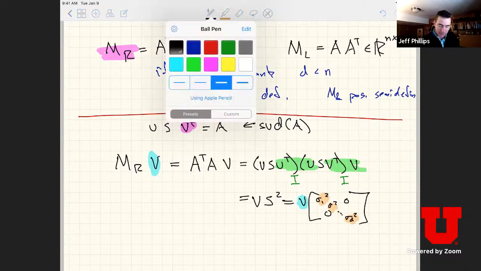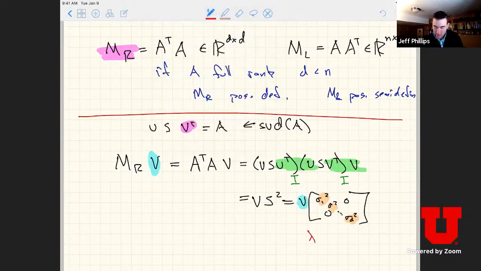So what this means is that lambda 1, the first eigenvalue of MR, is going to be sigma 1 squared. And in general, lambda J, this eigenvalue, is the singular value squared.